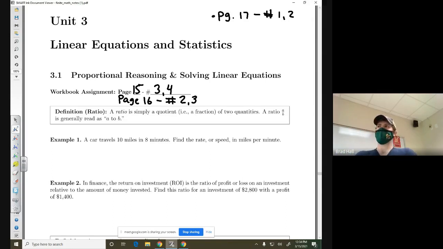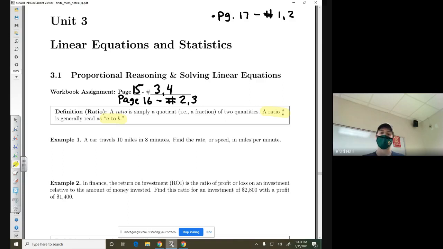We'll start off with this idea called a ratio, which some of you might be familiar with either directly or indirectly. A ratio is a quotient, or a fraction, between 2 quantities. That's pretty much it. Since a ratio is a fraction or quotient, you can read it as A to B, comparing one number to another number.